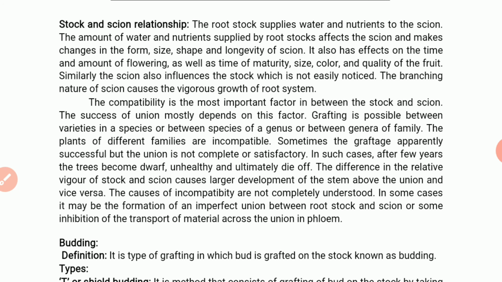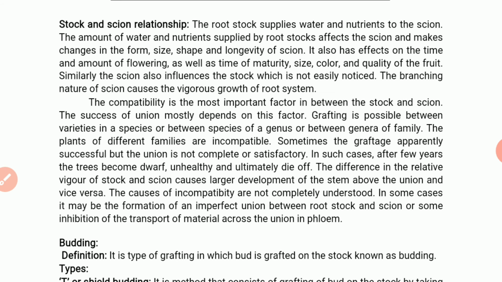So this is a point to remember: grafting is possible between varieties in a species or between species of a genus or between genera of a family, but it is not possible in different families.